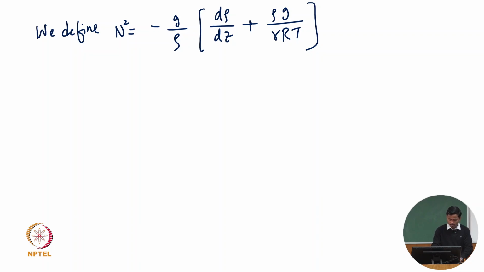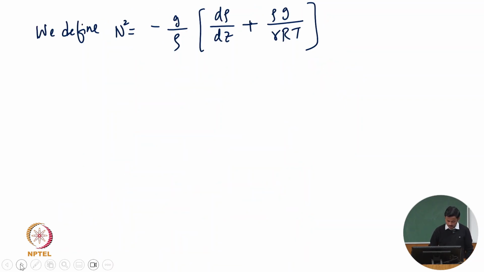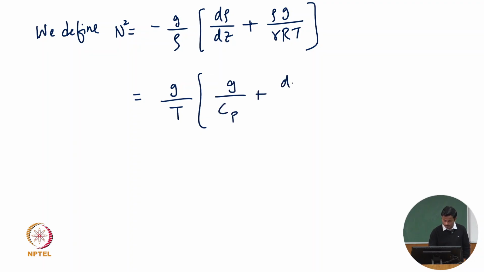This is the quantity that we define as N squared. This is what we have already gotten previously without simplification, and this N squared can also be defined as g by T, g by cp plus dT by dz.